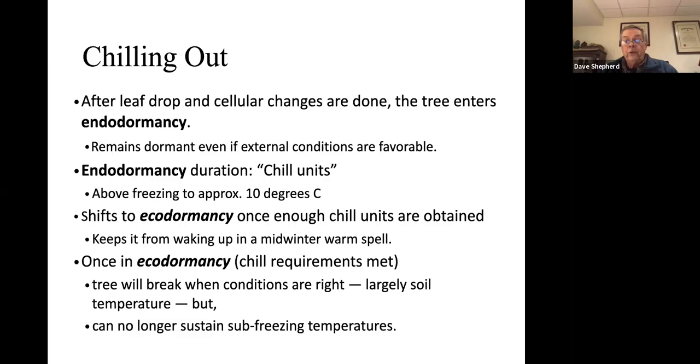Now, what endodormancy does, it measures a thing called chill units, or it's thought of in chill hours sometimes. And those chill hours are biologically necessary to prepare the plant for flowering when the cues become right in the spring. And what it implies is there's that internal control that's independent of external conditions.